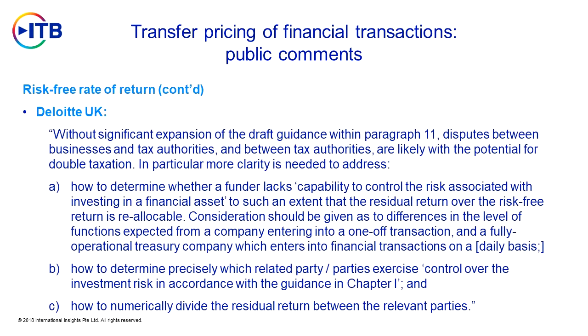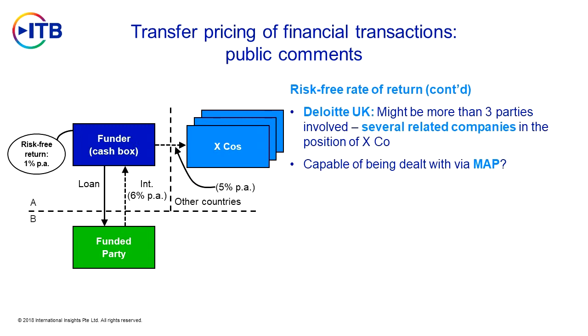B, how to determine precisely which related party or parties exercise control over the investment risk in accordance with the guidance in Chapter 1. And C, how to numerically divide the residual return between the relevant parties. And Deloitte also made the point that there might not be only 3 parties involved.